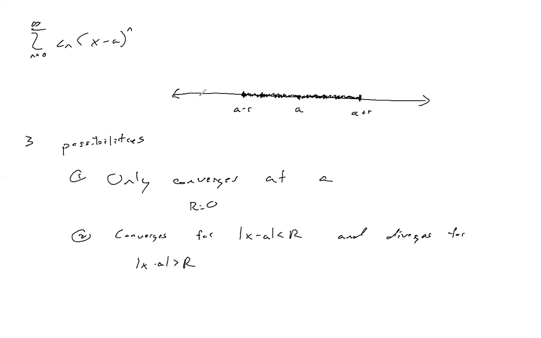And if the distance between x and a is greater than R, so if my x is out here, my series is going to diverge at this x. And then it can converge at both endpoints. Maybe it only converges at one endpoint.